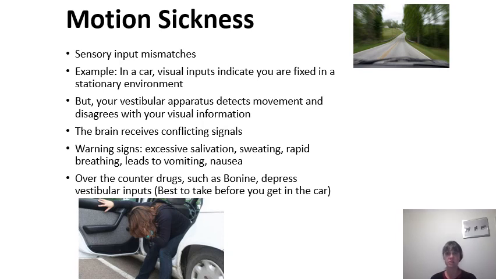People often ask about motion sickness, and motion sickness often occurs when sensory input is mismatched. For example, if a person's in a car and the visual input indicates that that person is in a fixed stationary environment, but the vestibular apparatus detects motion that disagrees with the visual information, the brain receives those conflicting signals, and then the person may start to salivate and sweat, and that could lead to vomiting or nausea.